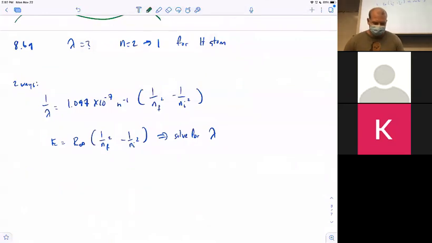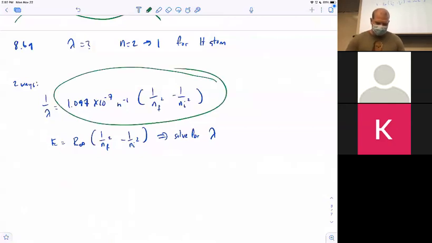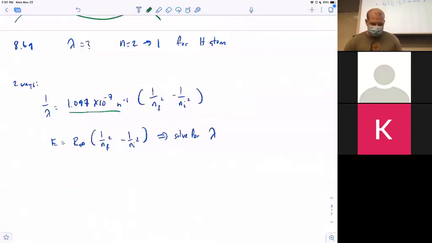So there are 2 ways you can do this. You can use this equation, where the Rydberg constant is 1.097 times 10 to the 7 inverse meters. And you can solve all of that.